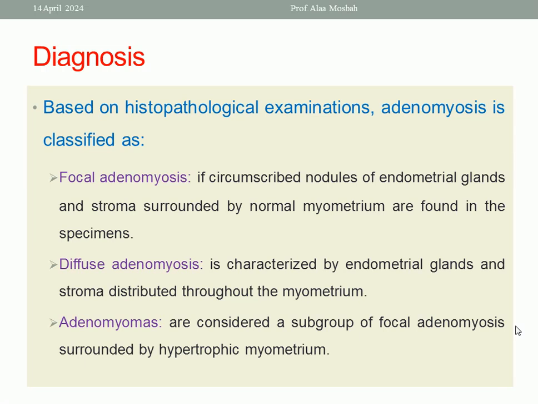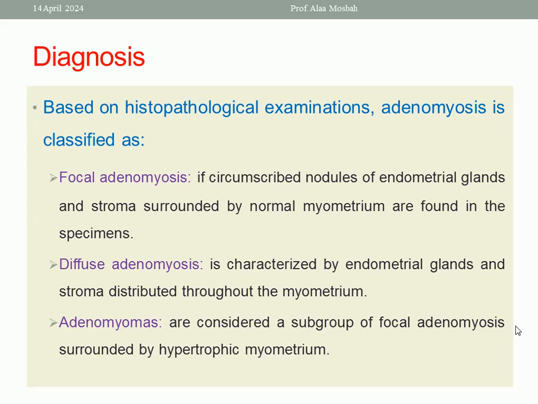While in diffuse adenomyosis, endometrial glands and the stroma are distributed throughout the myometrium, affecting the whole anterior wall or whole posterior wall. And we said before, posterior wall adenomyosis is commoner than anterior wall adenomyosis.